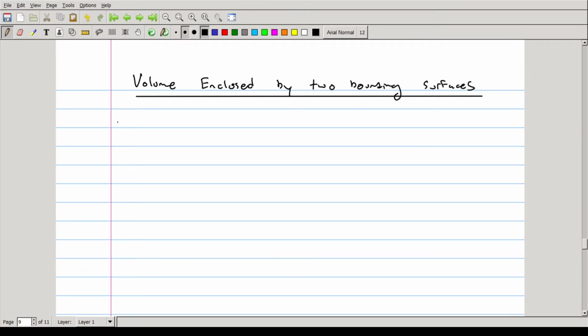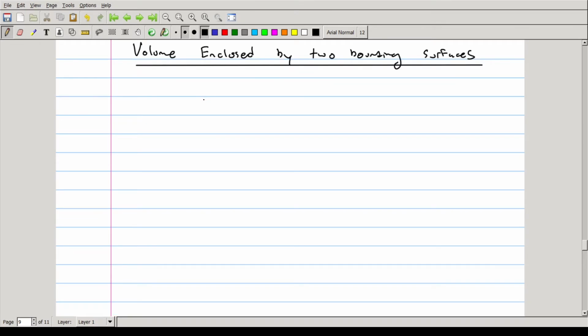So suppose that we have two separate surfaces, a top surface, I'll call it surface 1, where z is equal to some function I'll call z top of x and y, and surface 2, which I'll call z is equal to the function z bottom, or z bot of x y.